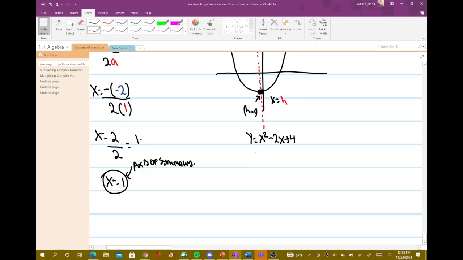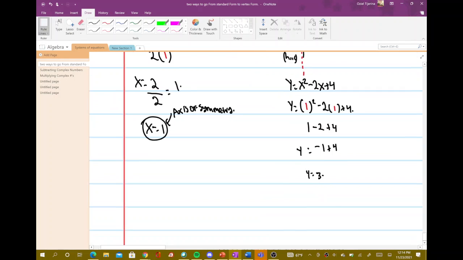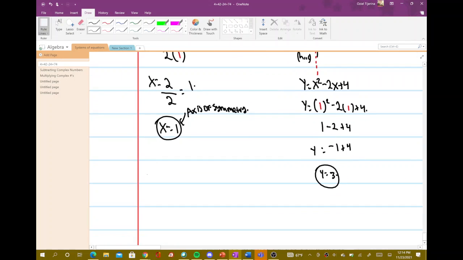So now we're going to have y equals the quantity 1 squared minus 2 times 1 plus 4. This is 1 minus 2 plus 4, which is -1 plus 4, because 1 minus 2 is -1, and then plus 4, that's going to give us 3. So our vertex is (1, 3).